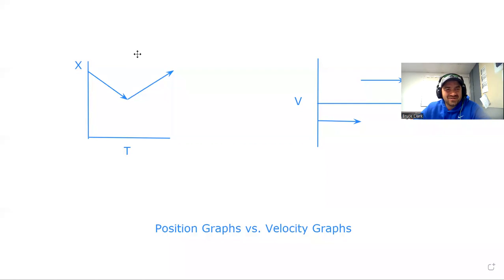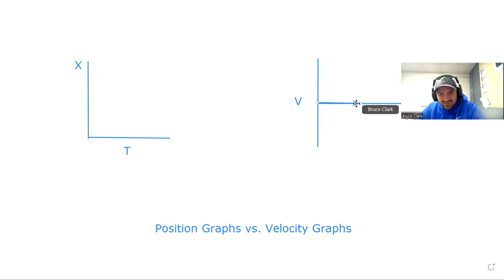The last thing I want to leave you with is, what would a position graph look like for something that starts off not moving and has an increasing velocity as it goes? Think about that for a minute.